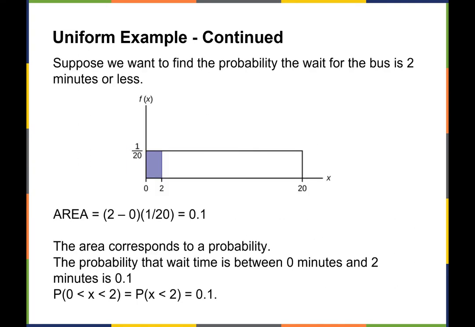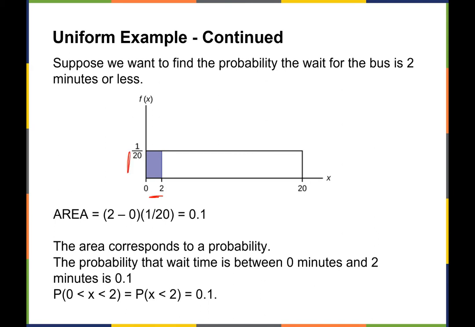All right, so let's suppose using this uniform probability distribution, we want to find the probability that the wait for the bus is going to be 2 minutes or less. Remember, we're going to calculate area for continuous distributions. So we want to know the probability between 0 and 2. So the area is going to be this purple box. The width of my box, or the base, is going to be 2. The height is 1/20th.